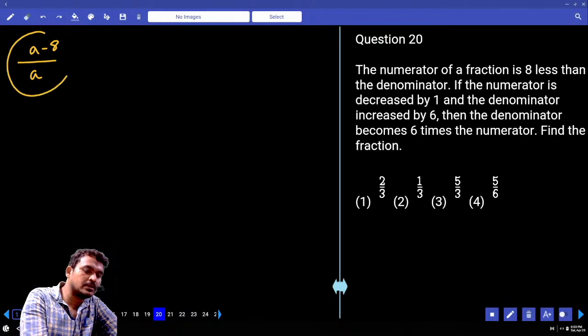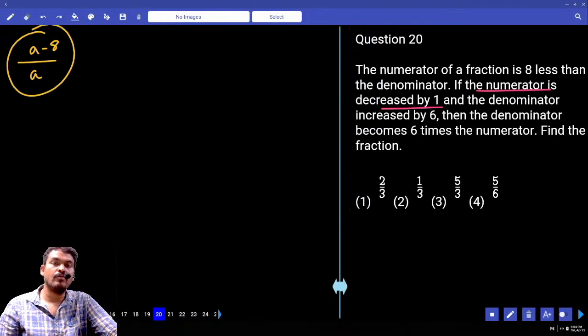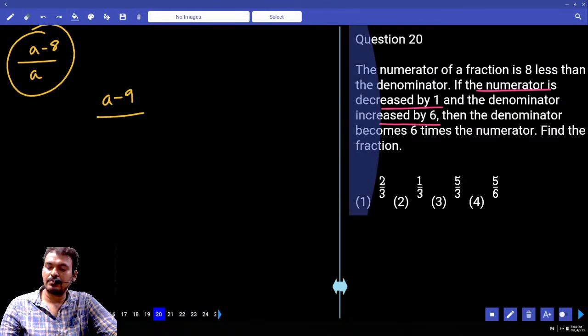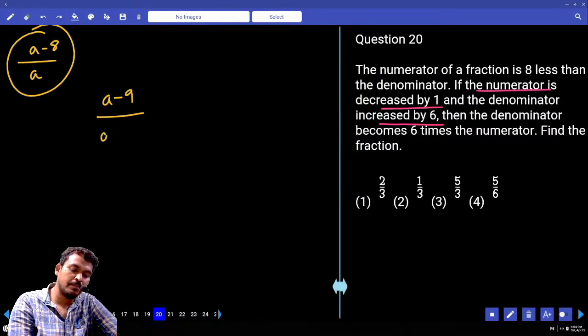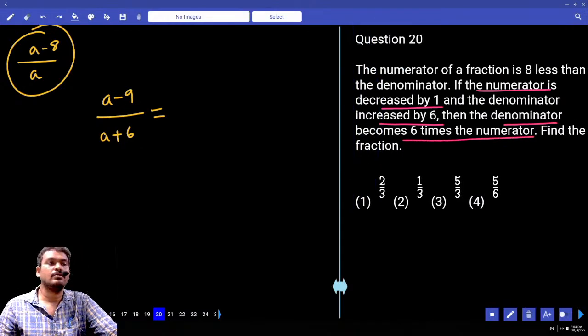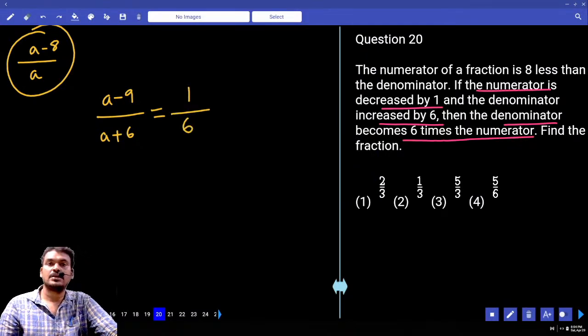The new numerator is A minus 9 and the new denominator is A plus 6, which is 6 times the numerator.